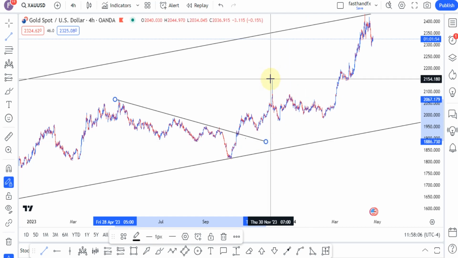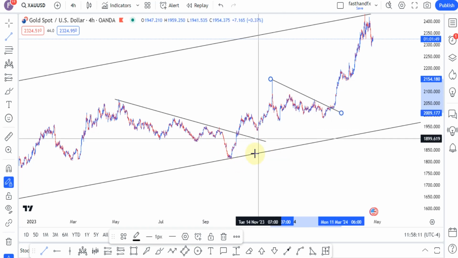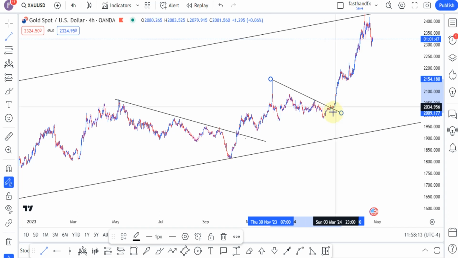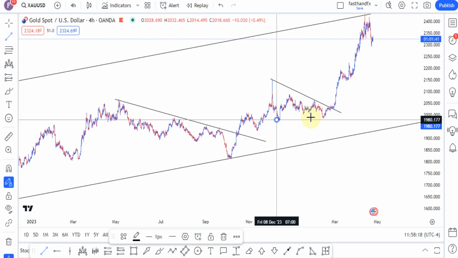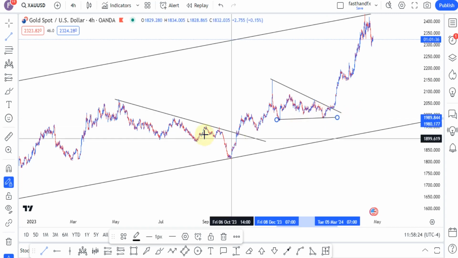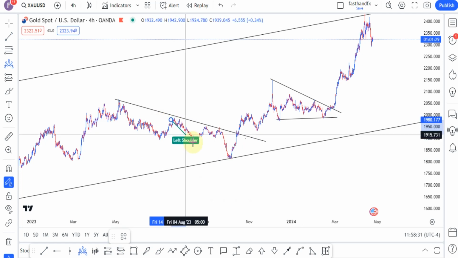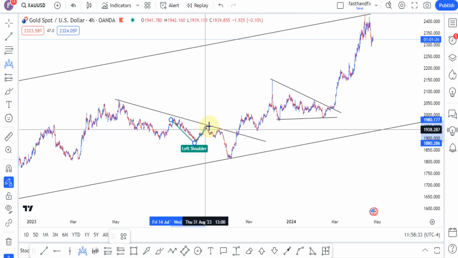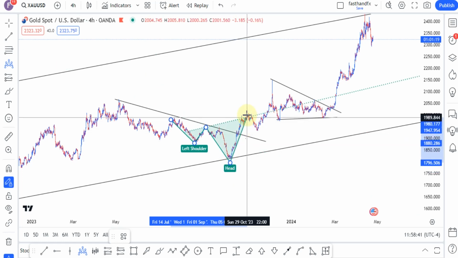So as you can already see this one, the market came up, gave us this impulse move correction, then it broke above this area right here, then we went up. Actually before this, you can already see down here, the market had already given us this nice head and shoulder, which is a very good sign that the market is going up.